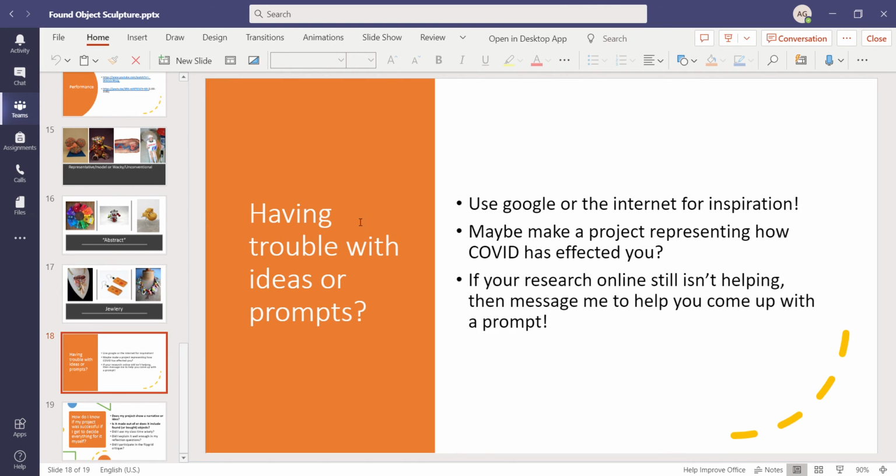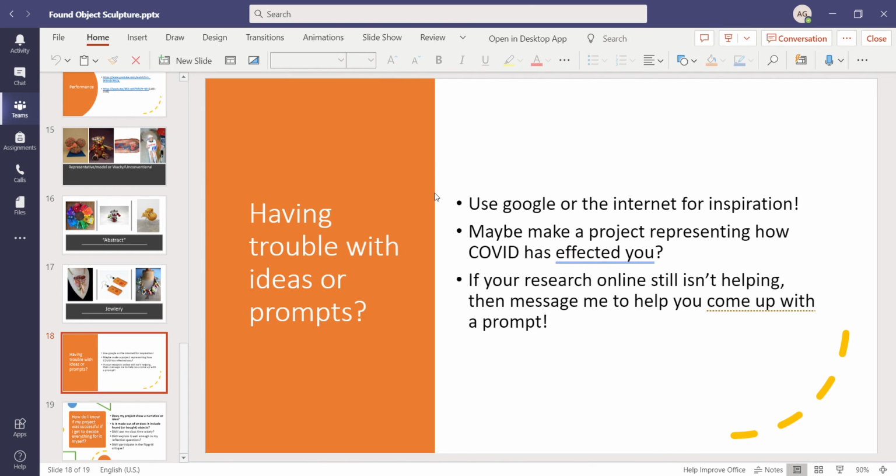So if you're having trouble with ideas or prompts, use Google or the internet for inspiration. You can search words like ready-made art, photography set ideas, performance object art ideas, sculpture found object, ready-made art found object, lesson ideas. So really any sort of words that help you out.